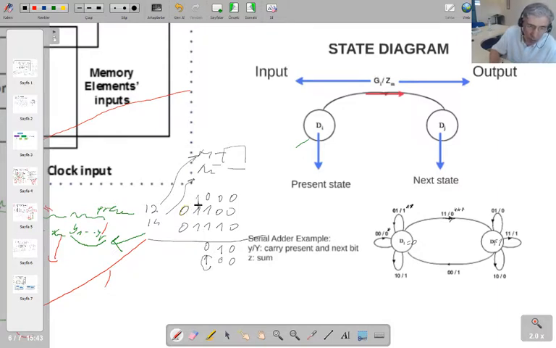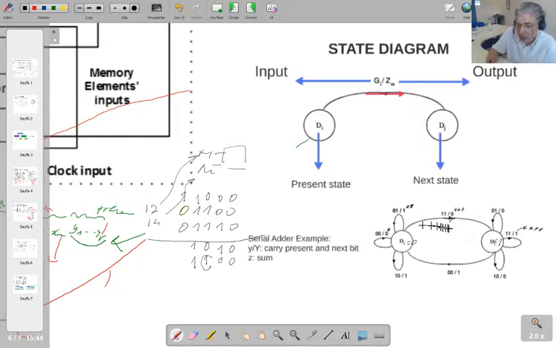So now my carry is 1. I am in this state now, and I am applying 1, 1. When you apply 1, 1, this is the output that you're going to observe. That is the fourth output that you're going to observe. When you add them up, sum becomes 1, which is this, and my carry is 1, which is this. And this carry is going to be the present state for the next bit to be added.